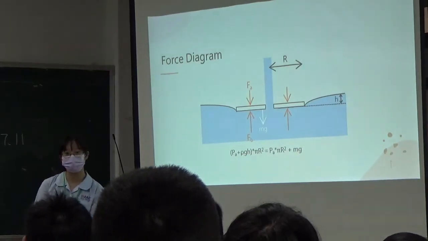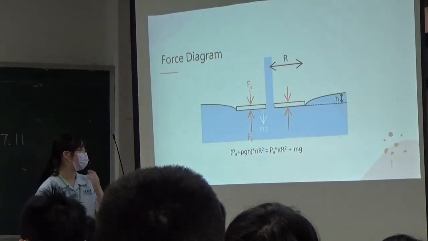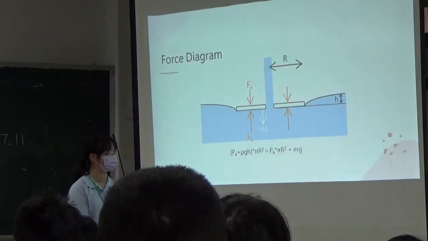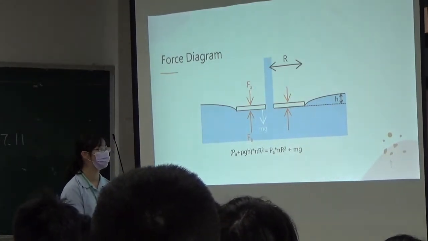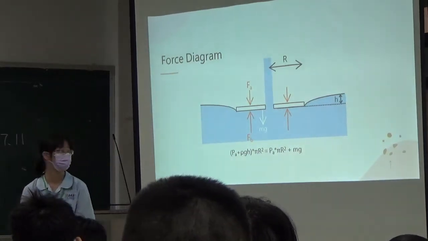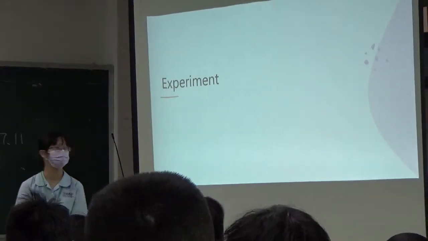The downward force should be the same as the upward force. So we get the formula: PA plus rho g h times pi r squared equals PA times pi r squared plus gravity, mg.